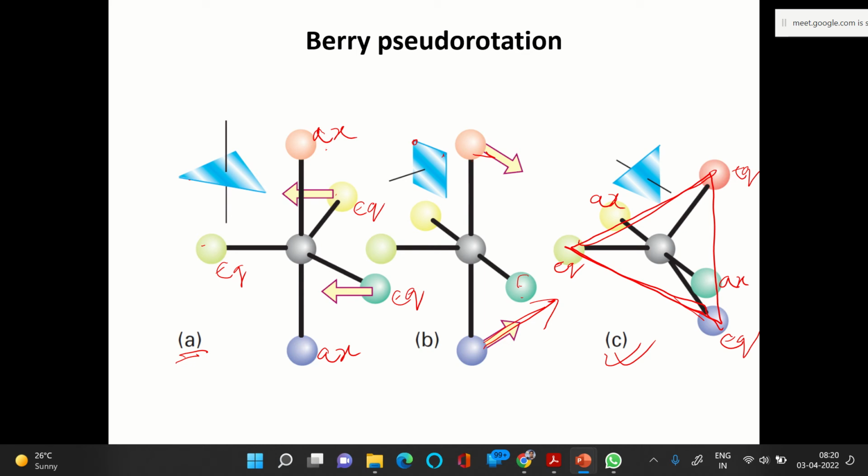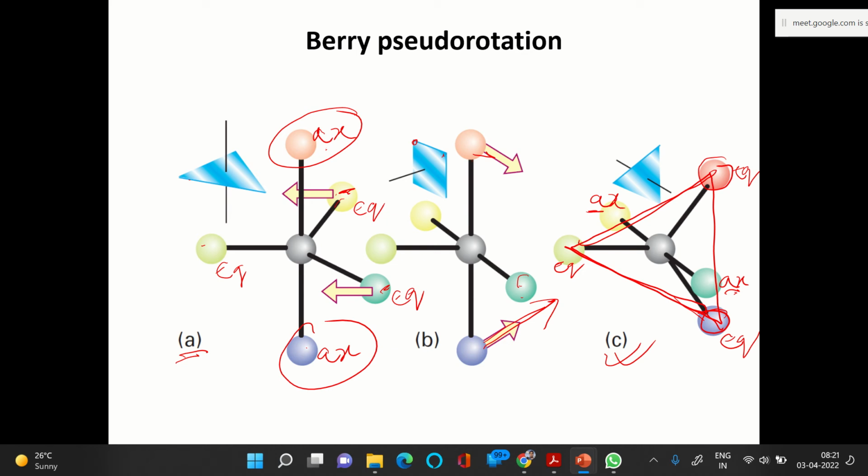Are you getting the picture? You can see here that these two were axial. Look at this, this was axial, this was axial. Now this red and blue have become, in the picture towards the right hand side, the equatorial positions, and the yellow and green, which were equatorial, have now become axial in the final picture.